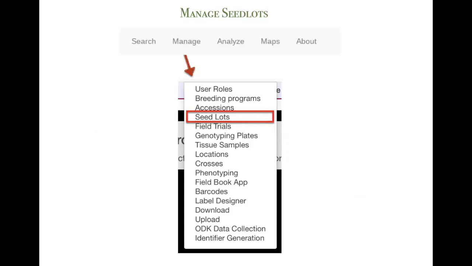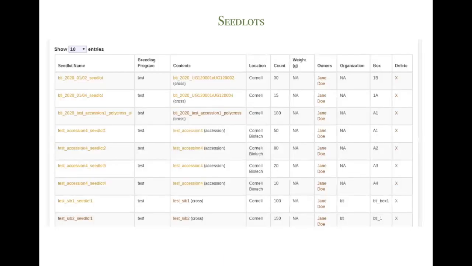Okay, if there are no more questions, let's move on to the SEEDLOT tools. So SEEDLOT tools are very useful for tracking seed inventory and tracking the source of the planting materials. SEEDLOTs can be linked to different types of content, cross and accessions.